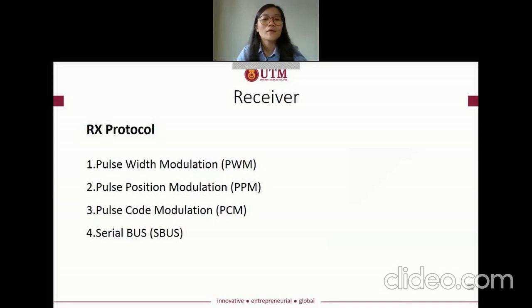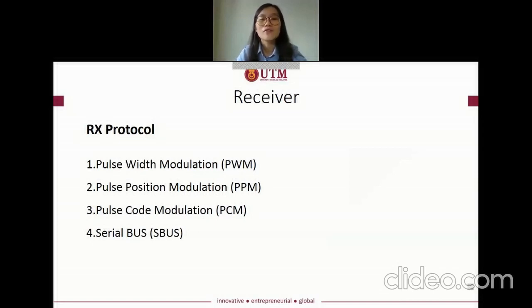Nevertheless, additional conversion of the signal is required, which leads to a more expensive model. Serial bus is an exclusive S.BUS protocol for FrSky. In this case, up to 18 channels are supported using only one signal cable.